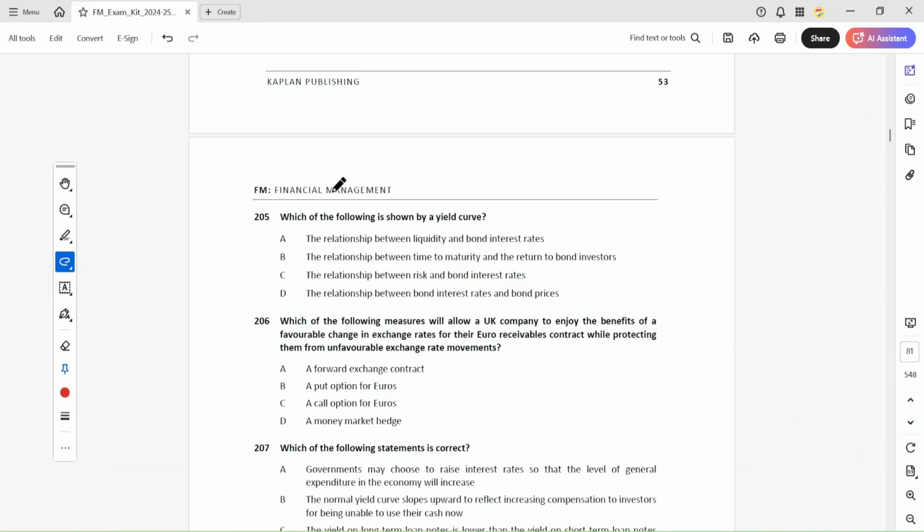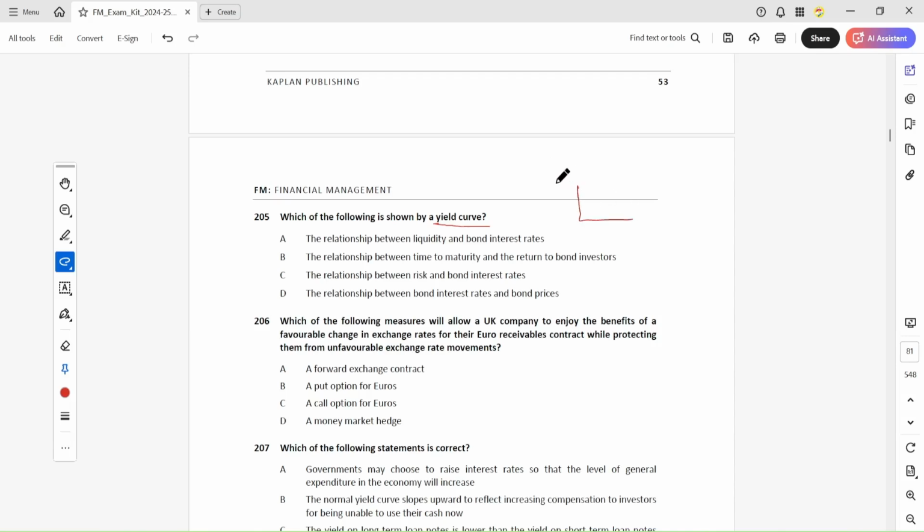Okay, so next: which of the following is shown by a yield curve?